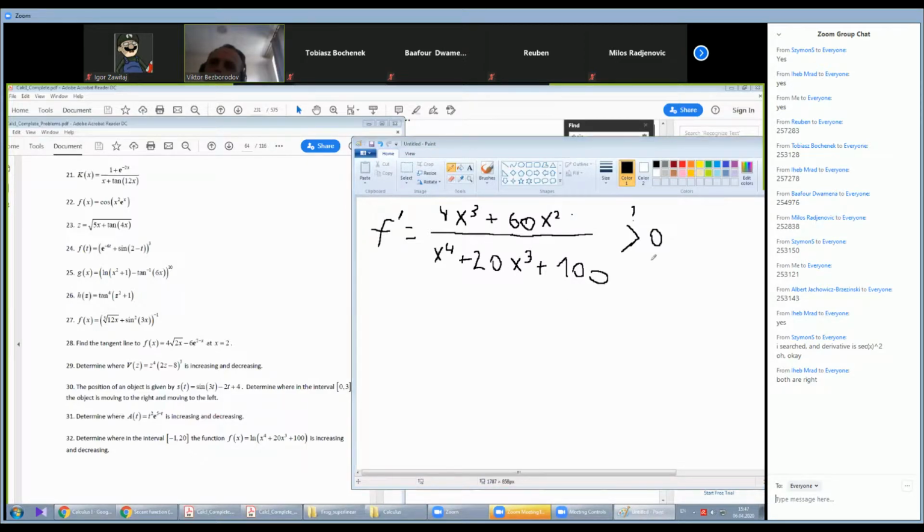But to solve this inequality, it doesn't matter whether you divide or multiply by a number, unless it's 0, of course. So this is something we have to keep track of. But for the purposes of solving the strict inequality, it doesn't matter whether you divide or multiply, right?